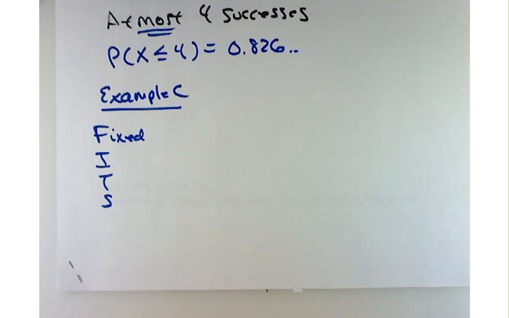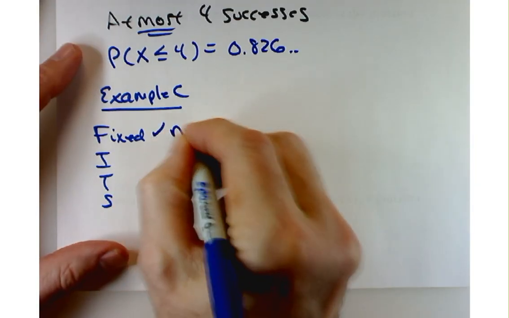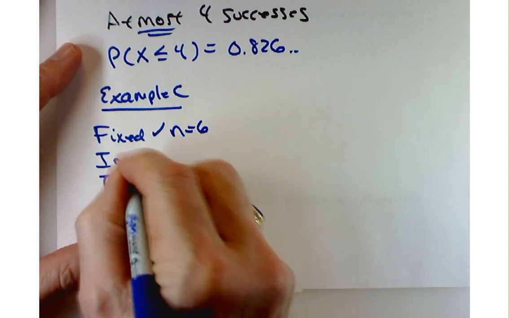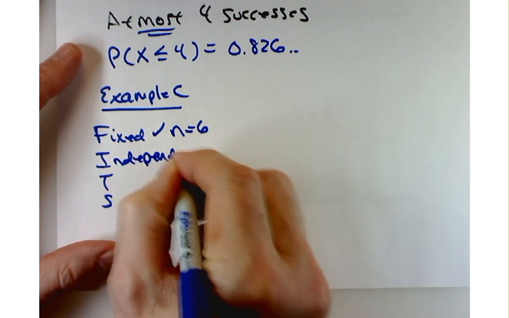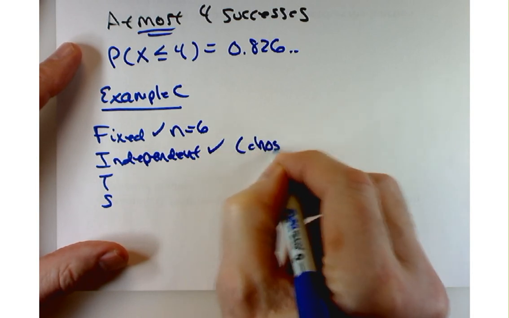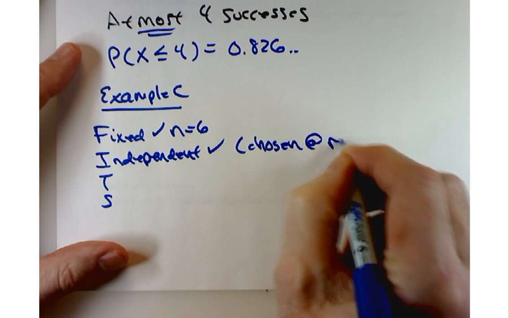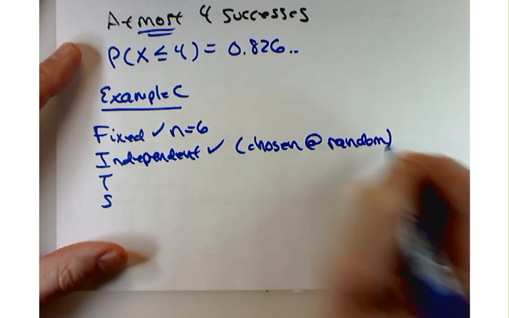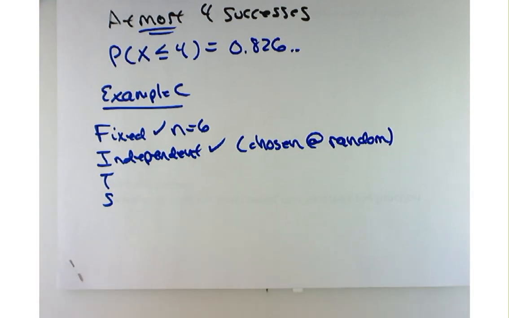So yeah, n equals 6. Are they independent? We just discussed that. Yes. And that's because they're chosen at random. So what somebody that's not related to you or unknown to you does is not really going to affect what you do. Are there 2 outcomes?